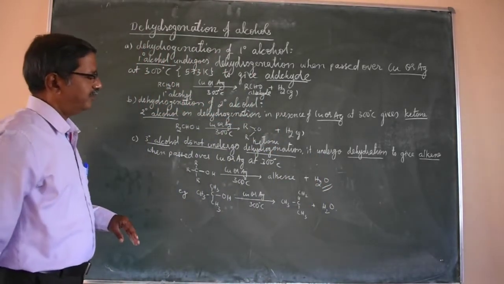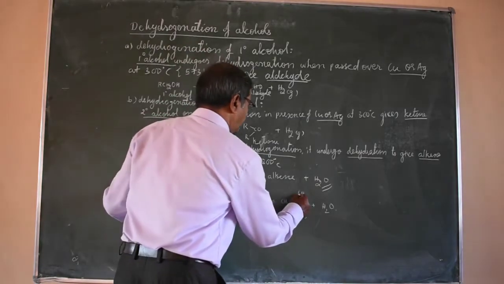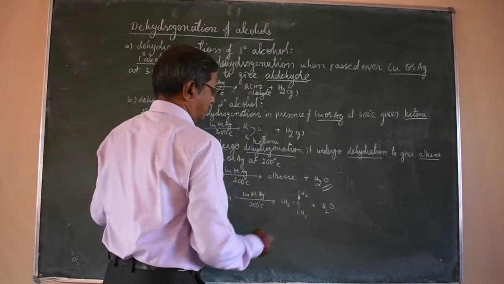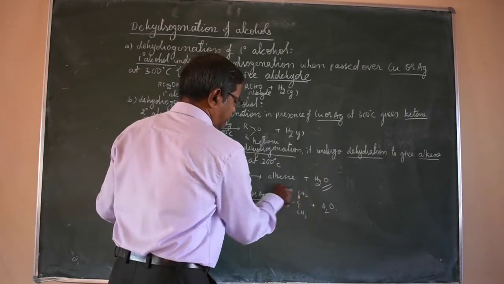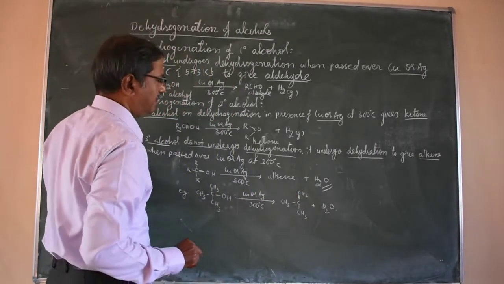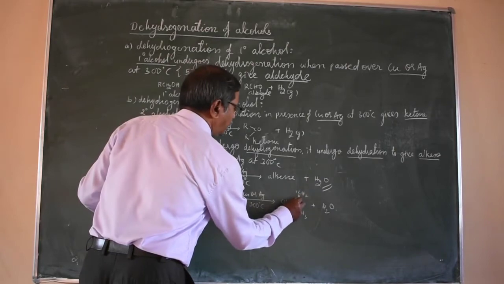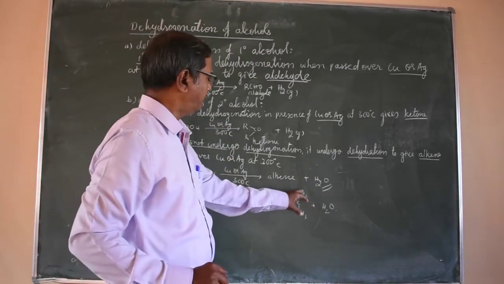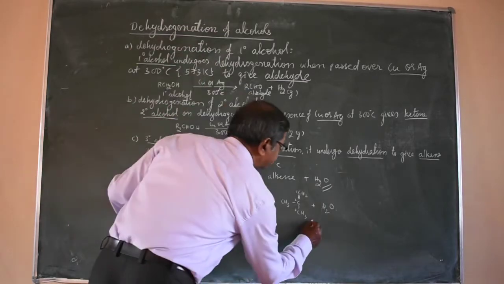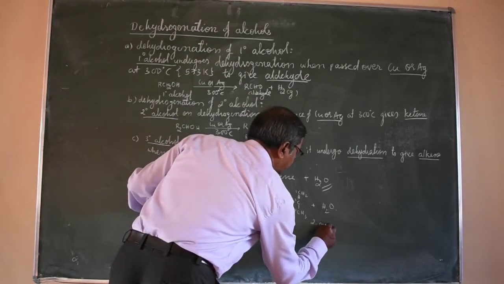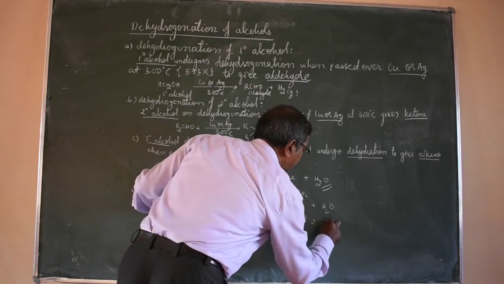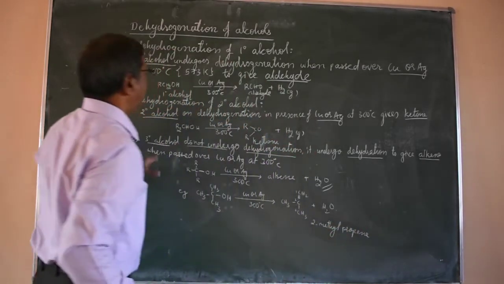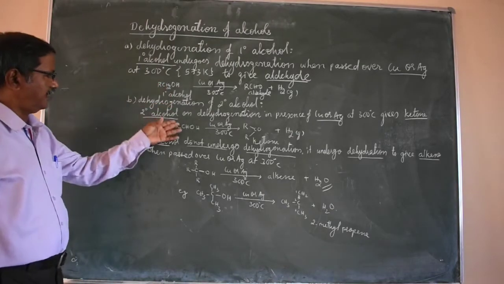Well, the name of this hydrocarbon or alkene: we have a double bond, so it is an ene group, and numbering it 1, 2, 3, it is 2-methyl propene. The name is 2-methyl propene.